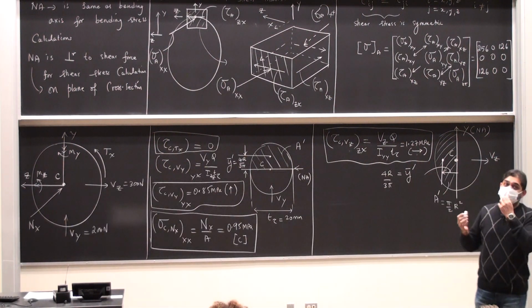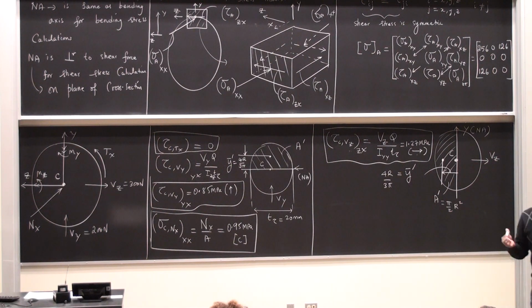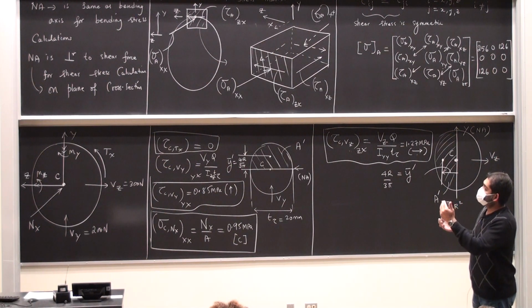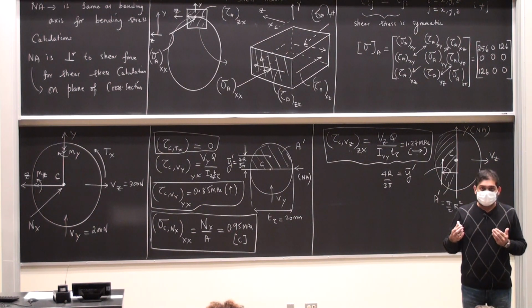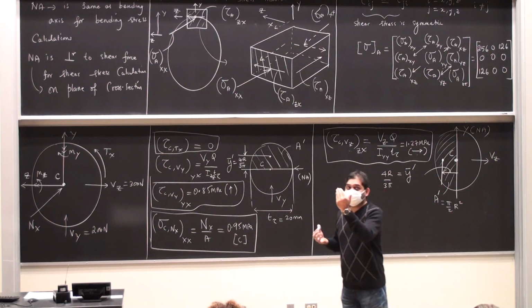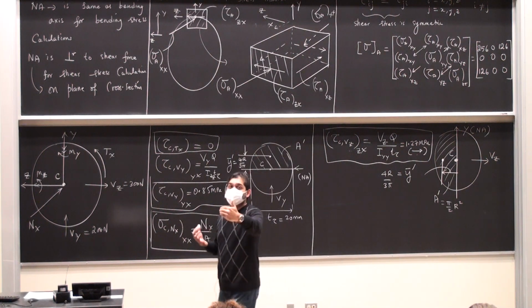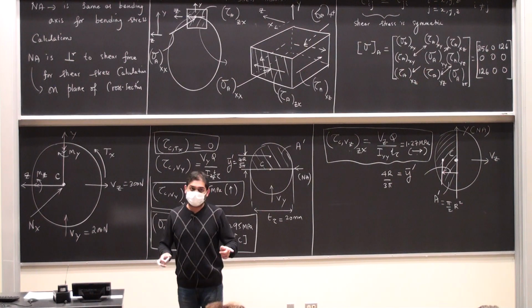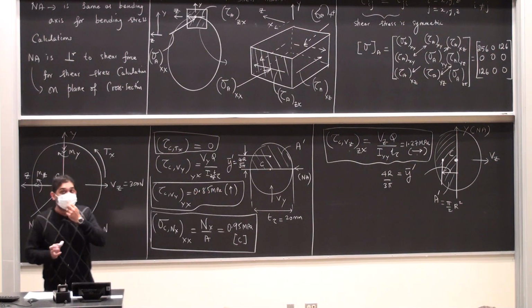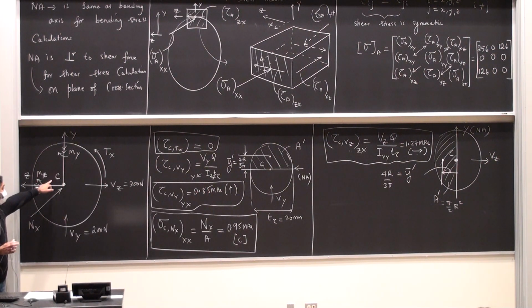Can you tell me, will there be any bending stresses at the point C due to the bending moment My? According to the bending moment My, the neutral axis is the y-axis, the point C is on the neutral axis for that bending moment, so there will be no bending stresses due to My. According to Mz, the point C is on the neutral axis for this bending moment as well, so there is no contribution due to the bending stresses from Mz.